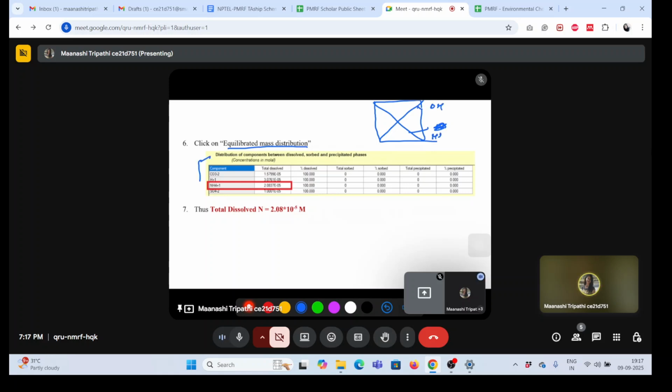So this distribution is coming from there, that we were doing manually. Now we can use Visual Minteq to solve the problem. So total dissolved N we can get from there. Okay, so this is very simple.